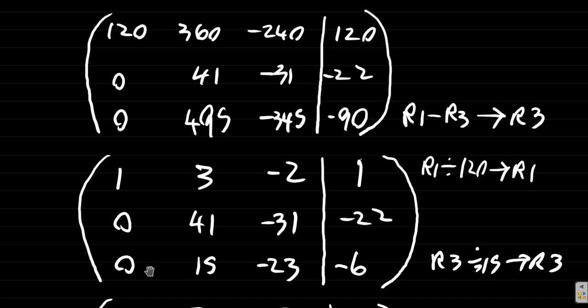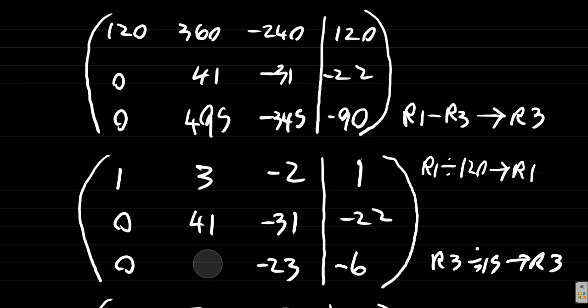So we have 0 divided by 15 is 0. 495 divided by 15 is 33. Where did I get that 15 from? 345 over 15, 23, negative 23.